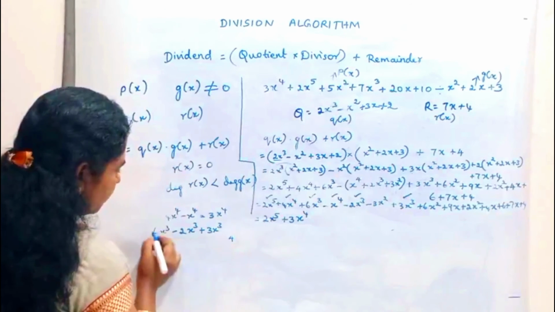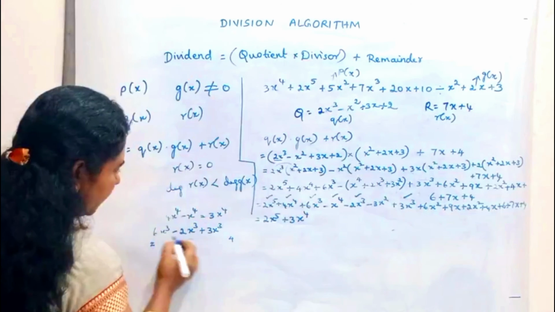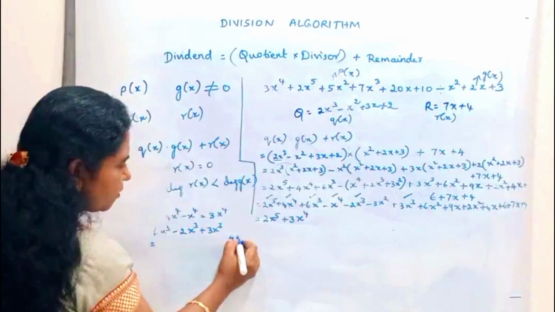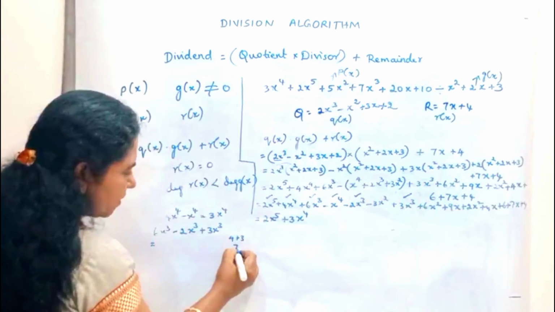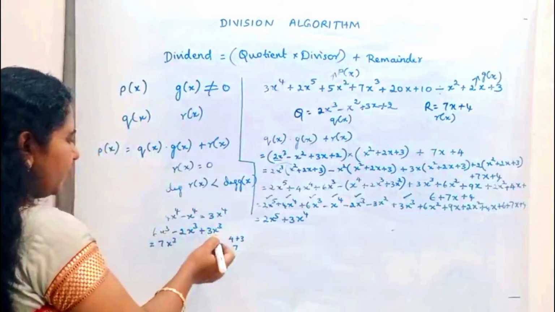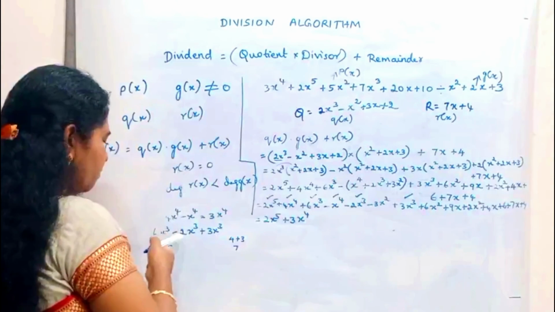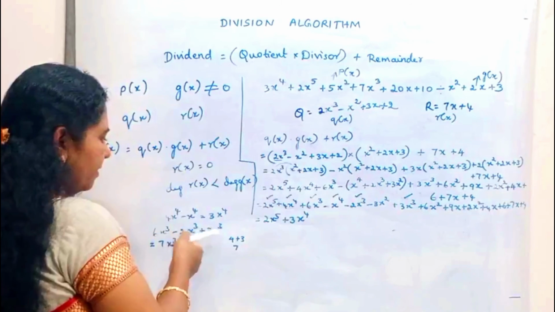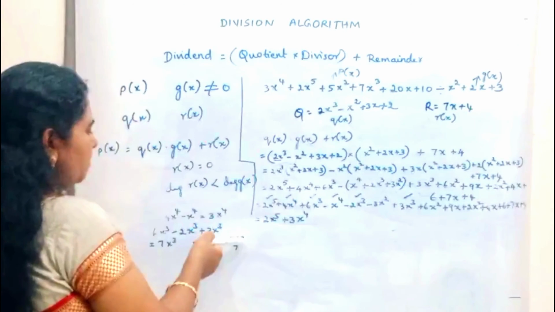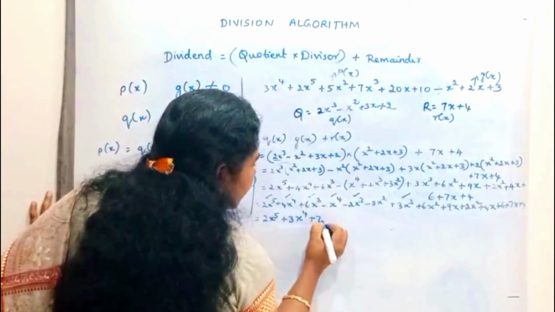Different sign, so subtract, greater number has plus sign, so it becomes 4. Then plus 3. So both are of same sign, so it becomes 7x cube. We can add all the 3 directly also, that is our wish only, or you can do the first two first. We got 4 and then that plus the next one, so plus 3, so it becomes 7x cube. So here it is plus 7x cube.